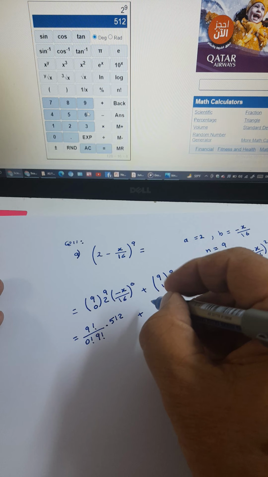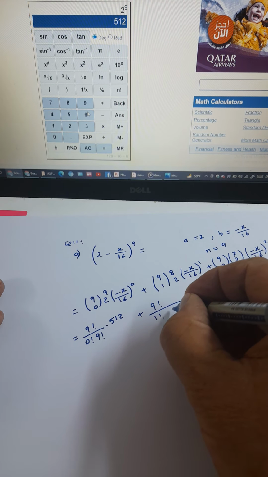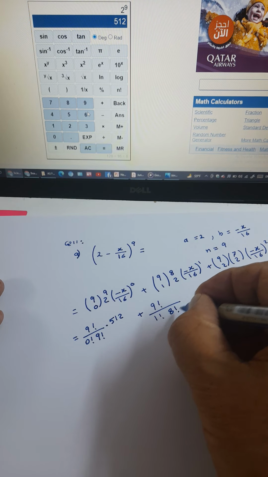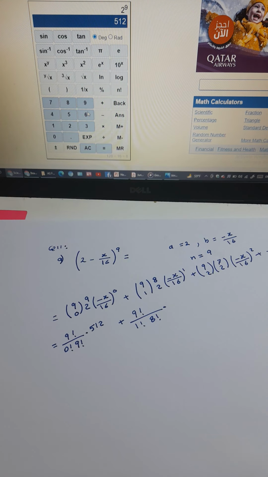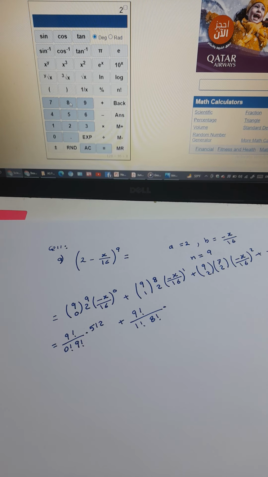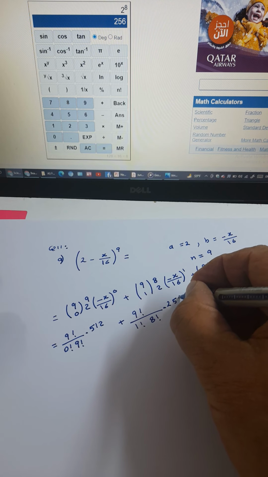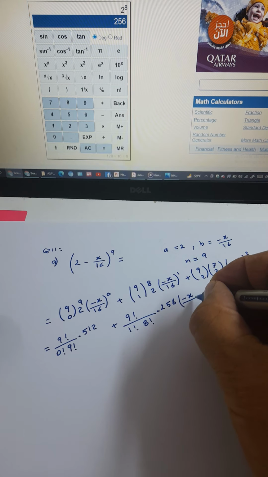Plus 9 over 1 is 9 factorial over 1 factorial times 9 minus 1, 8 factorial, times 2 to the power 8, 256, 256 times minus x over 16.